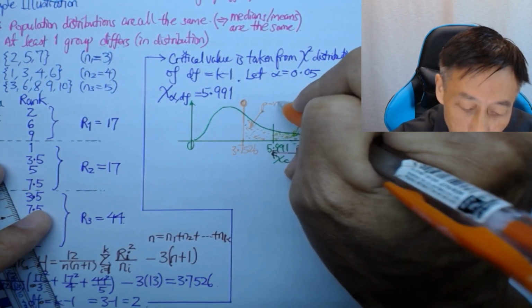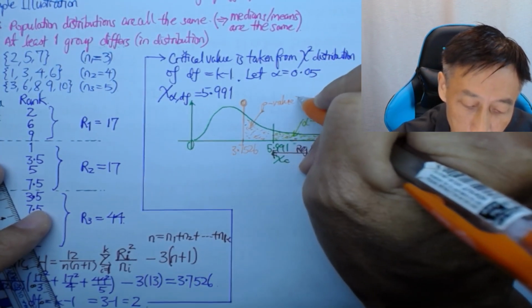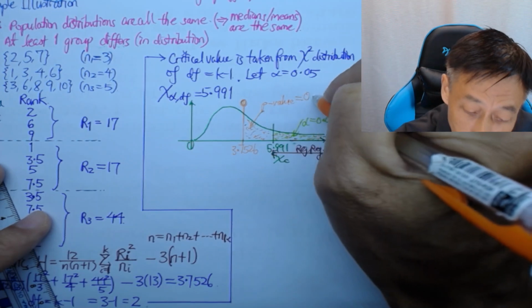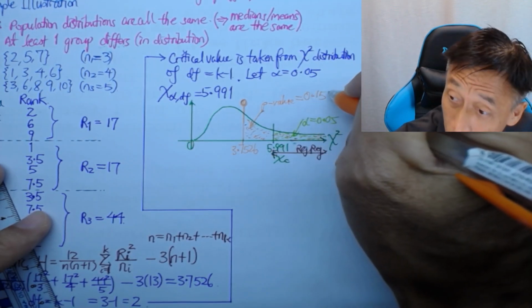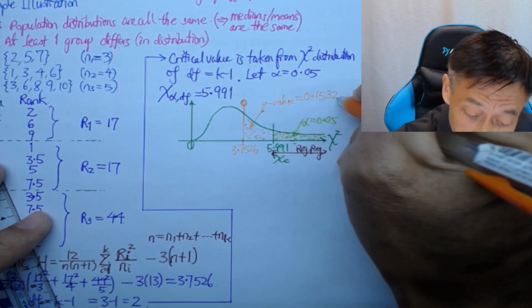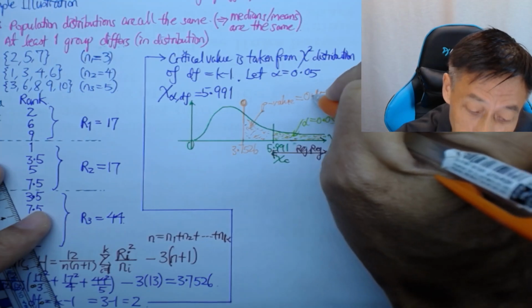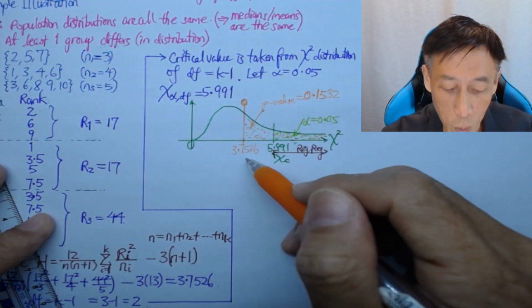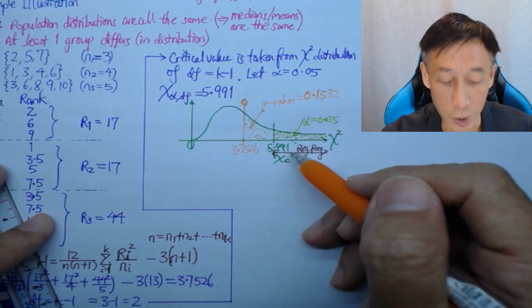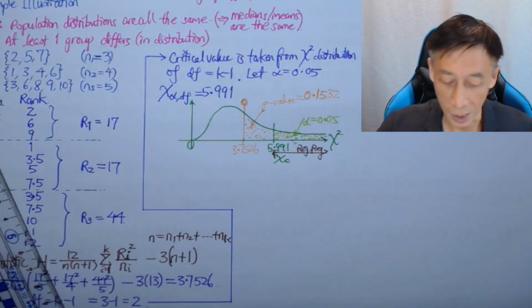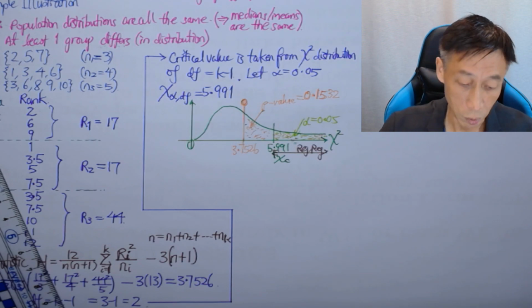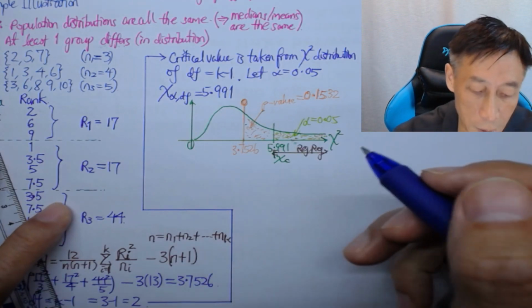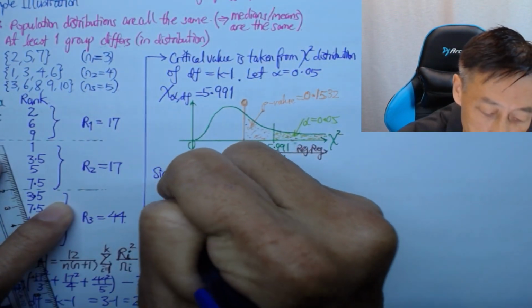The p-value that I get is 0.1532, thereabout. But we know it's already 15 percent, and 15 means do not reject. The test statistic 3.75 is also less than 5.99, so do not reject.